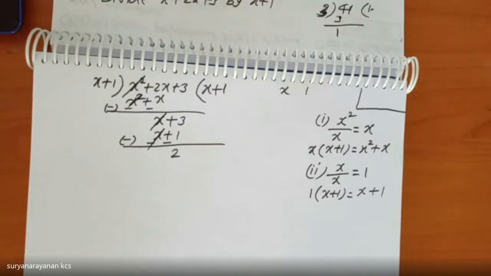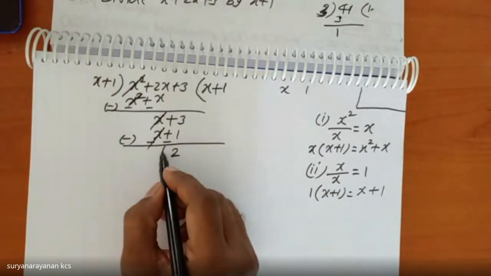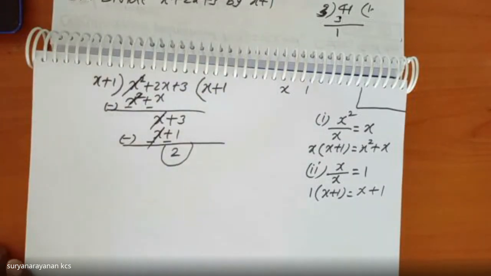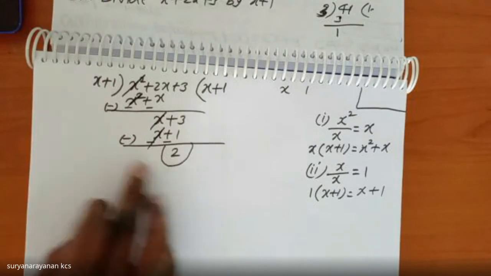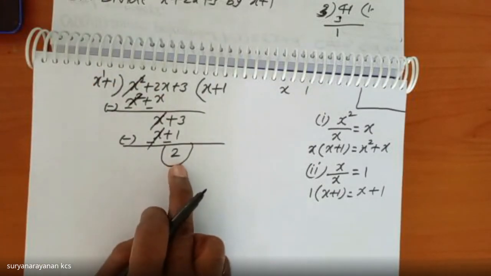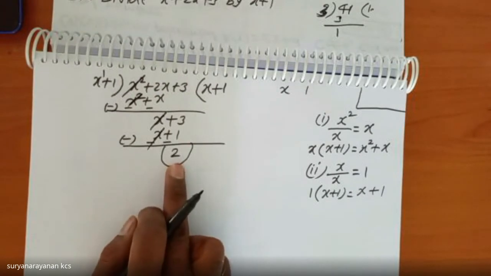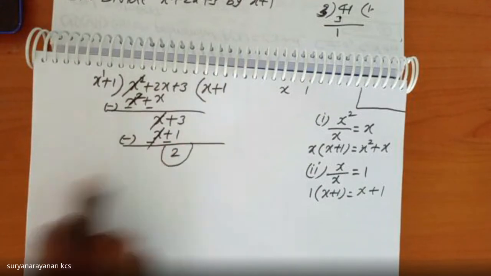Don't be confused here. So plus 2. This is a constant. Hereafter we don't divide because the degree of the polynomial is 0. Constant polynomial, no variable is there. So we stop this division. This is the remainder.